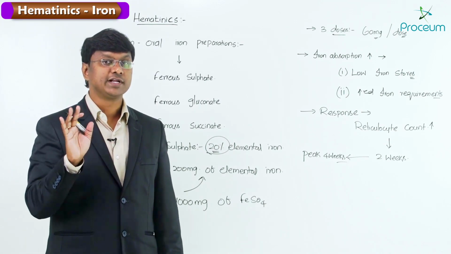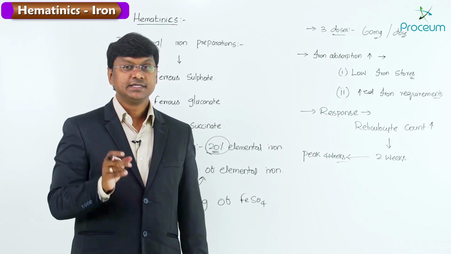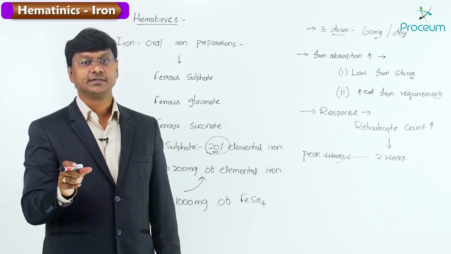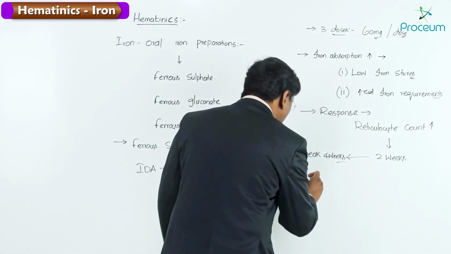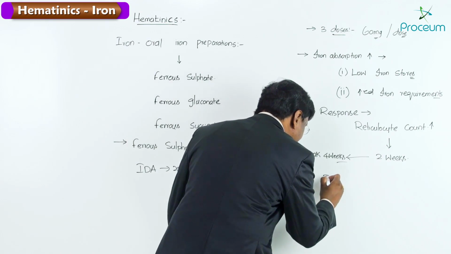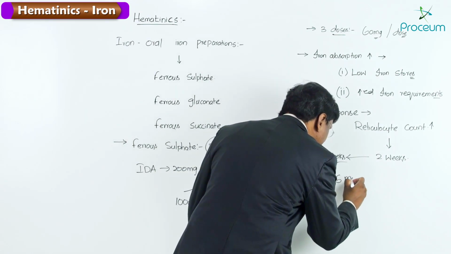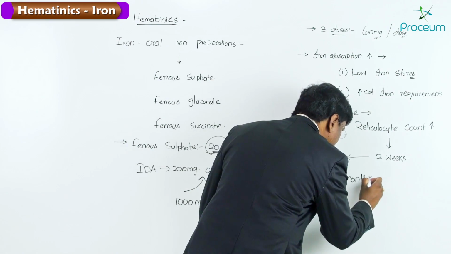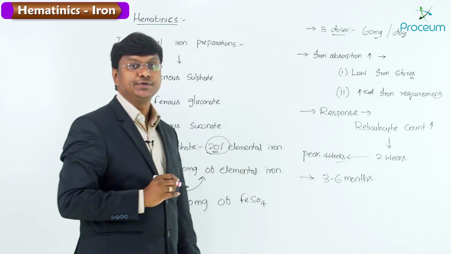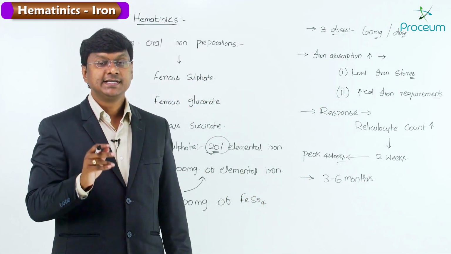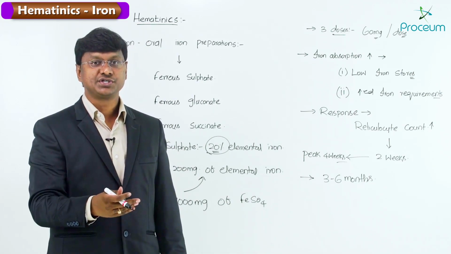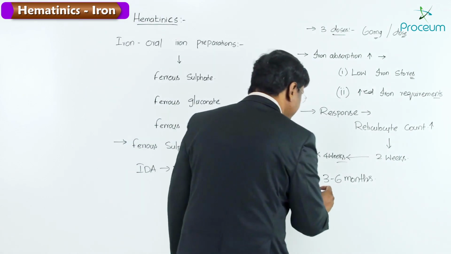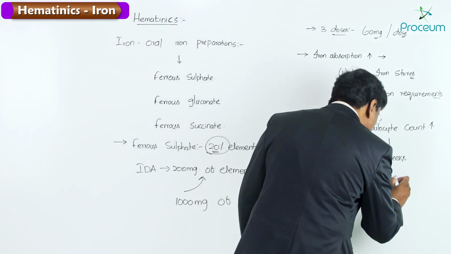Treatment with oral iron should be continued for 3 to 6 months. This oral iron formulation, that is ferrous sulfate, should continue for 3 to 6 months, and this will correct the anemia and replenish the iron stores.